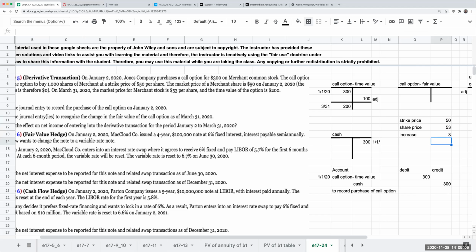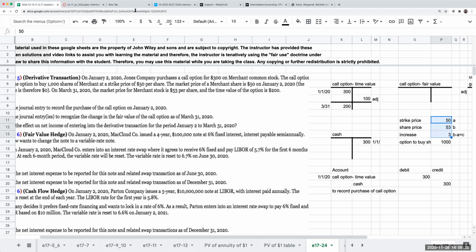I take this $3 per share and figure out my option: I'm going to have 1,000 shares here.